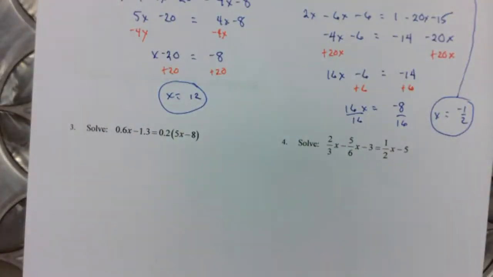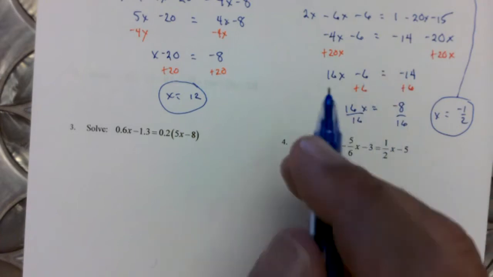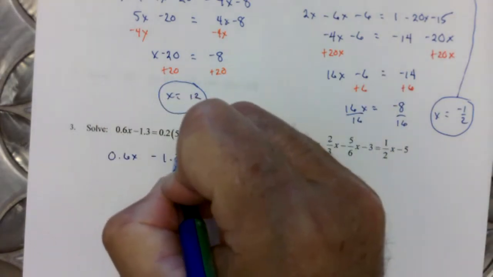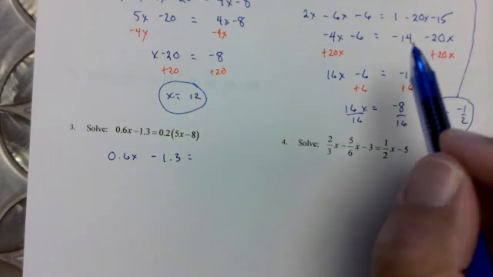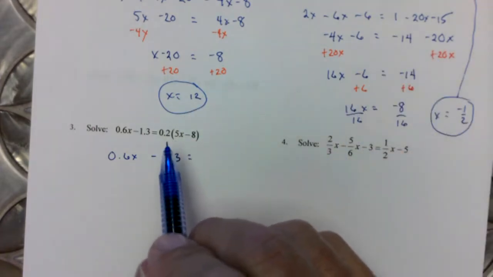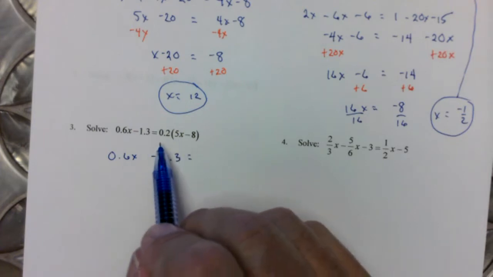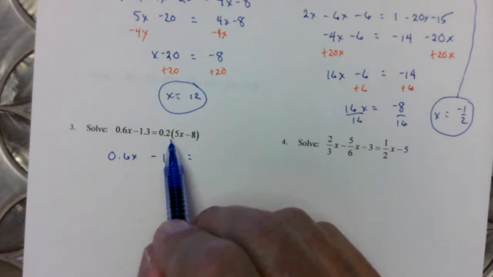Anybody have an answer for number 3? Look in the chat. Nope, no answer yet for number 3. Same kind of idea. Parentheses first. 0.2 times 5. That's the same as 2/10 times 5. That's 10/10.